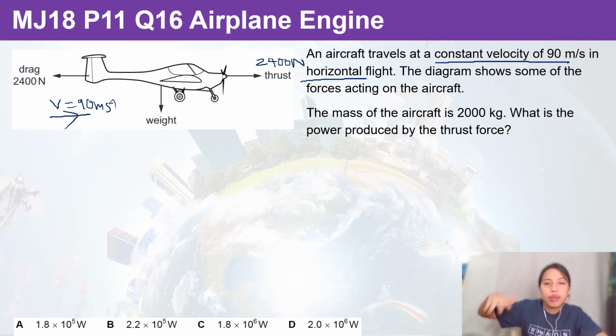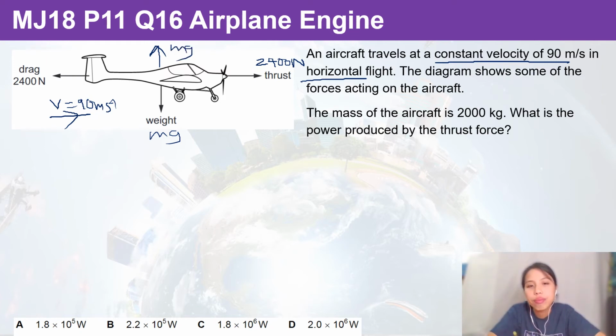And the plane is not falling down, it's not going up, it's just steady on a horizontal flight, which means the weight mg is equal to some other lift force. I don't know what it is, but it should also be mg because it's not going up and down.